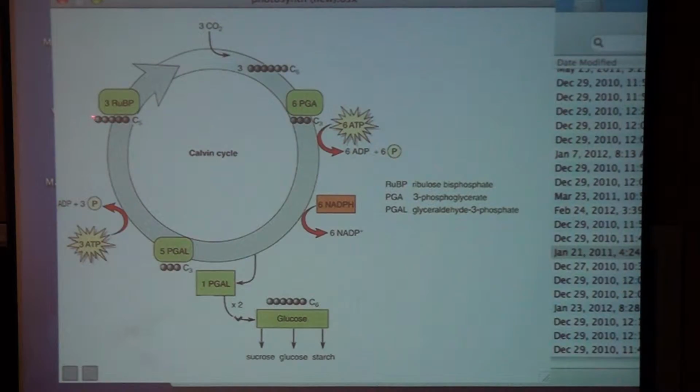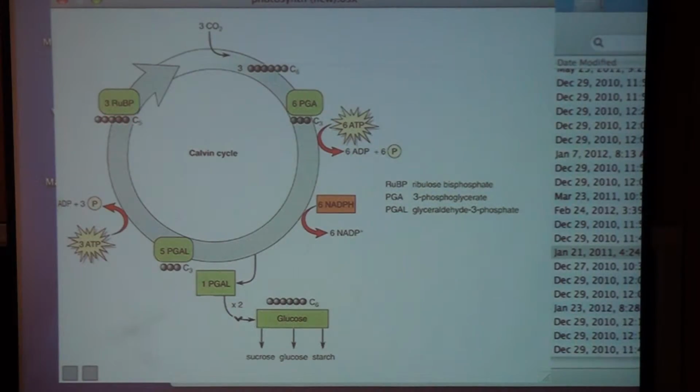To show the carbon atoms in the molecule's backbone, they're just showing these little gray circles. And of course, it has other atoms. RuBP has hydrogens and oxygens attached to those carbons, but you can get a pretty good understanding of the Calvin cycle if you just focus on the carbons of the molecules. So that's what we'll be doing.